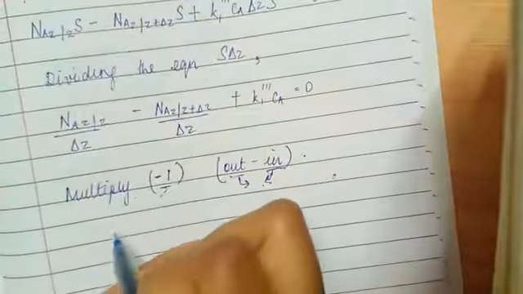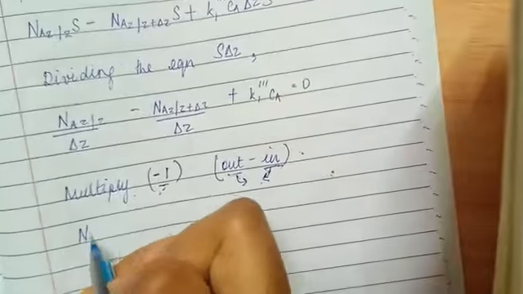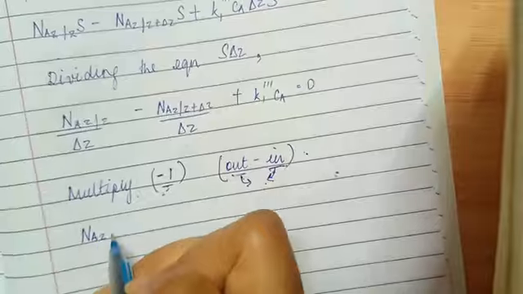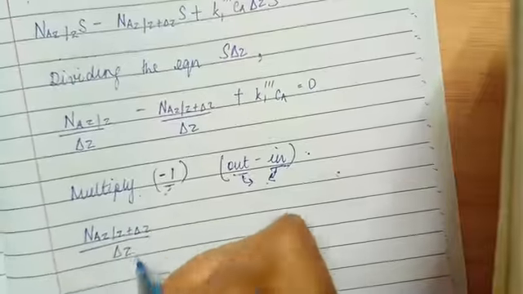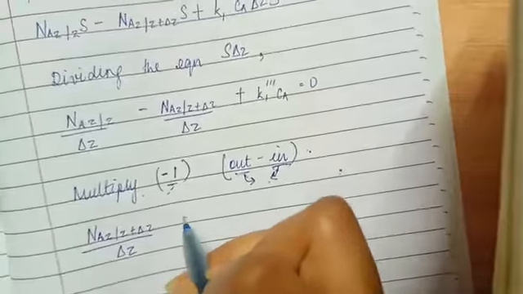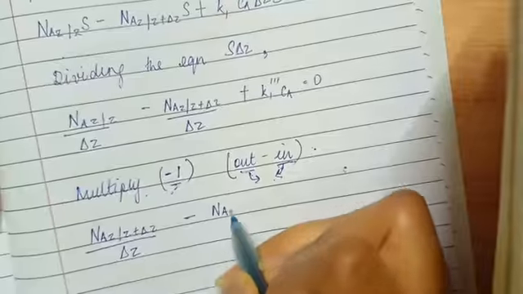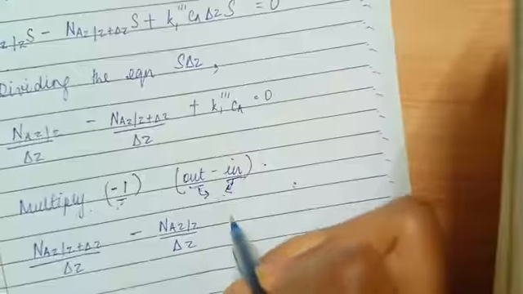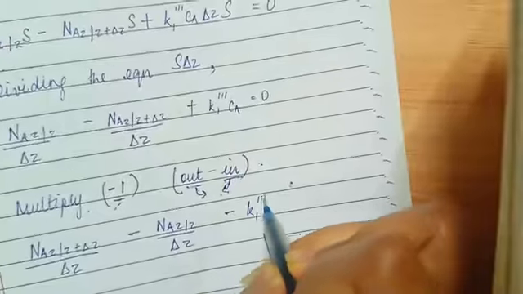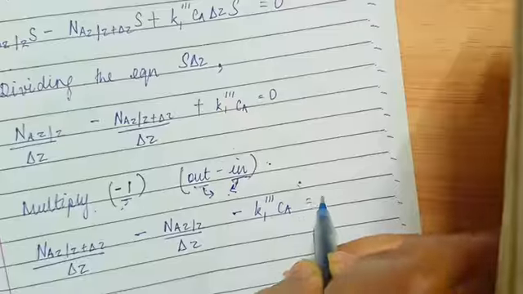So by doing that, we receive the equation as NAZ at Z plus delta Z by delta Z minus NAZ at Z by delta Z minus K1 triple prime CA is equal to 0.